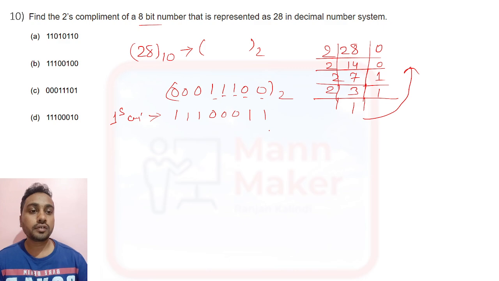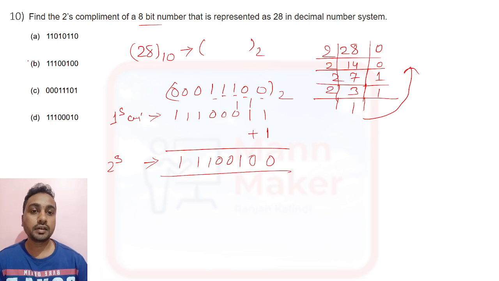Now for 2's complement, we need to add 1 here. So 1 plus 1 is 10, so this is 0 and 1 is carry. So 1 plus 1 again 10, so 0, 1 is carry. So 1 plus 0 is 1. This is the 2's complement, and option B is the right answer from here.